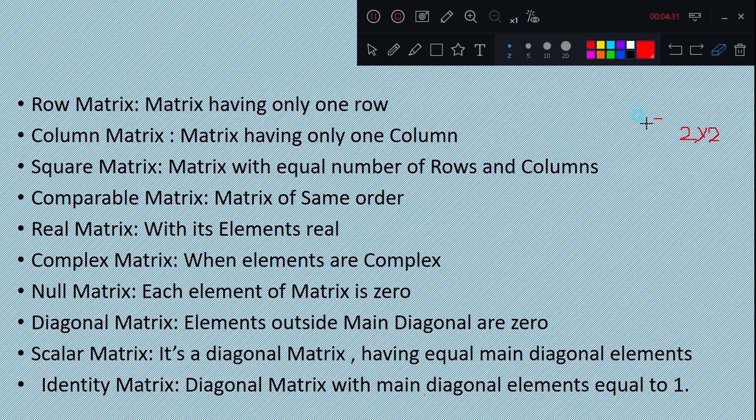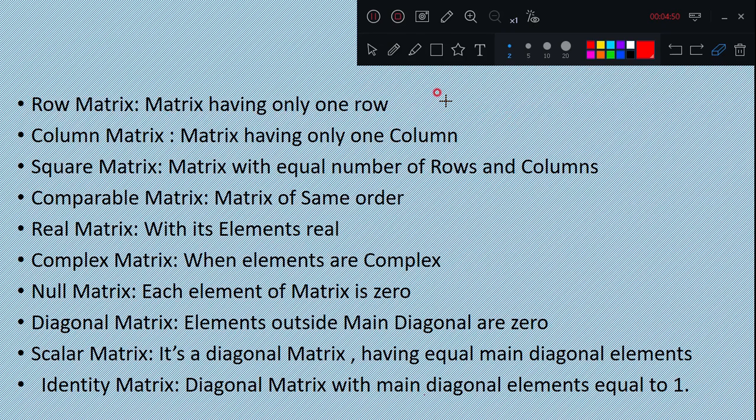Fine. Comparable matrix. Comparable matrices are those which have the same order. If I have a matrix of the order 2 cross 2, then another matrix of order 2 cross 2 will be comparable. Fine.